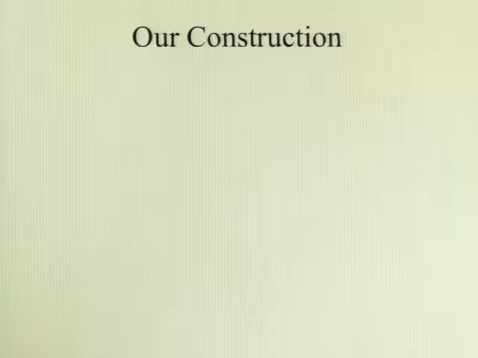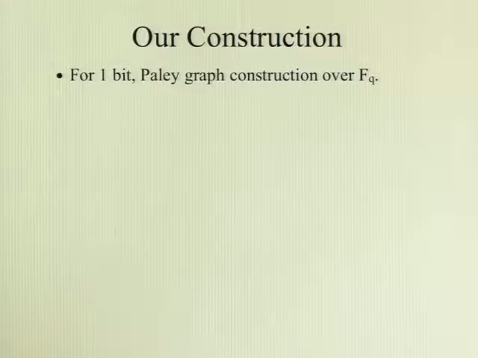Okay. So now I'm going to talk a little bit about our construction of the non-malleable extractors. If we want to output 1 bit, then the construction is actually simple. It's just the Paley graph construction over some finite field F_q here.